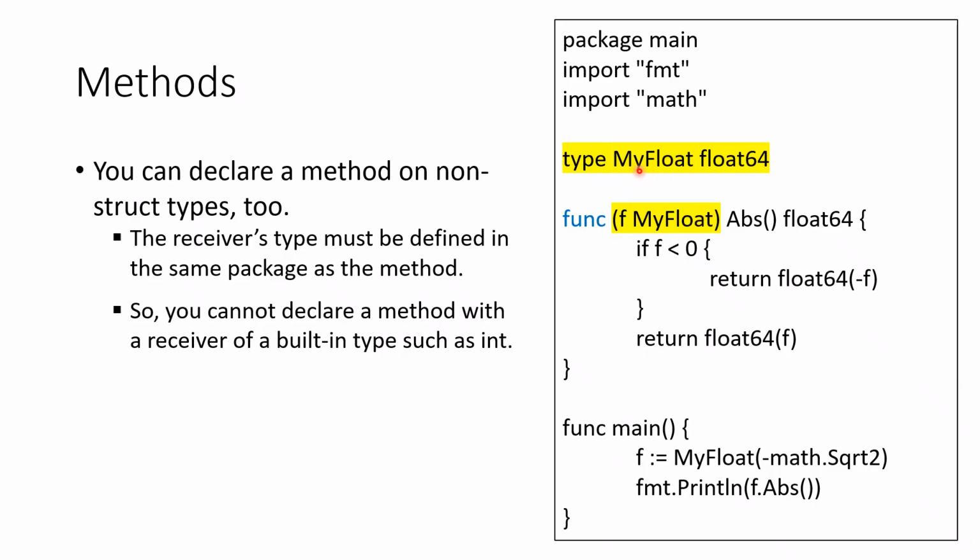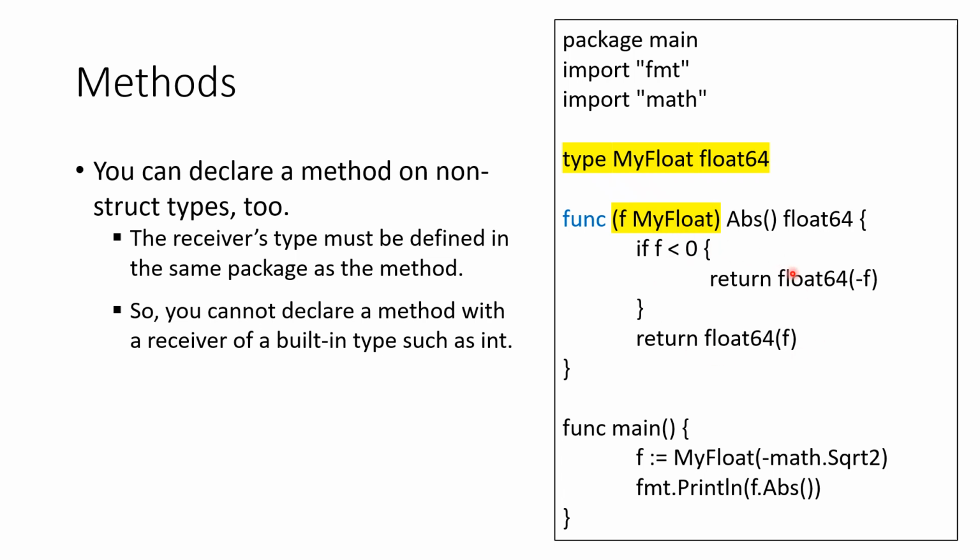For example, here we defined MyFloat as a new type, but it's the same as float64. And then we define method Abs on MyFloat type.